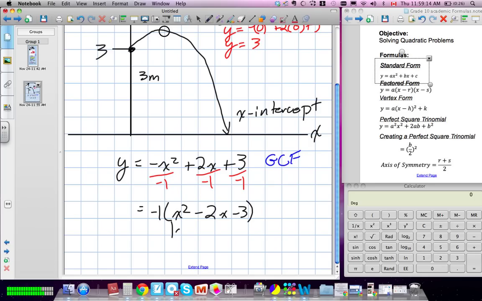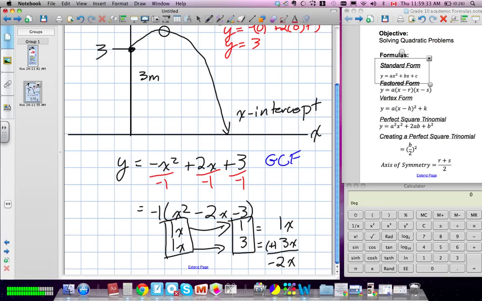The product of the two needs to add up to -2x. These are our only factors, so we know they're going to work. We're going to multiply across, and I'm going to get 1x and 3x. When I add those together, how would I make -2x? -3. Because we needed to be -2, 1 plus -3 gives us -2.